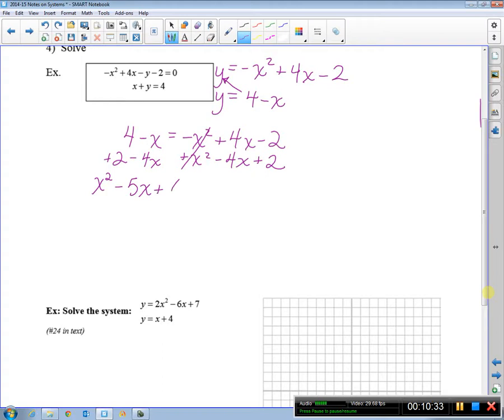So we have plus 6 and 0 on that side. So it looks like a nice quadratic. Maybe we can factor it. If not, maybe we could complete the square. If not, maybe we could use the quadratic formula. So let's try factoring first.